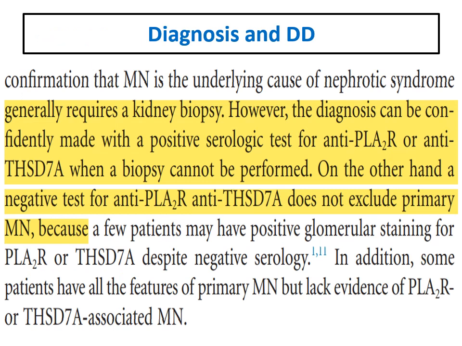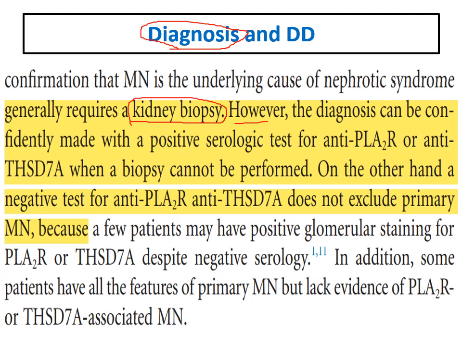We will start with the diagnosis of membranous glomerulonephritis. Generally, as we know, diagnosis usually depends on a kidney biopsy. We do a kidney biopsy, and if we find thickening of the glomerular basement membrane, then we define the patient as having membranous glomerulonephritis.